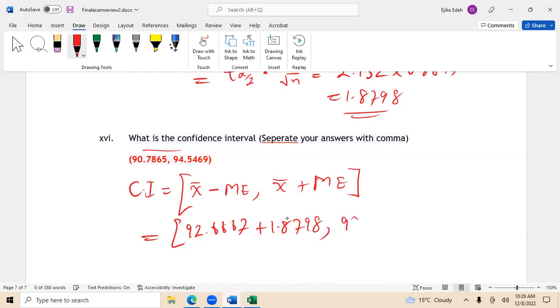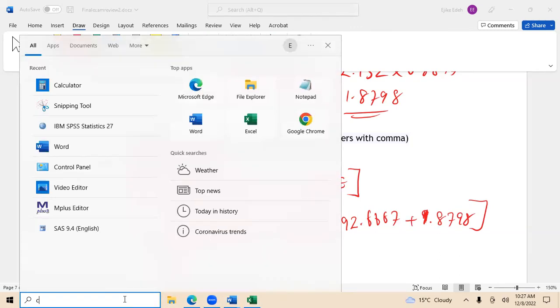So here we also have 92.6667 plus 1.8798. Okay, so if we do that, let's use a calculator here.